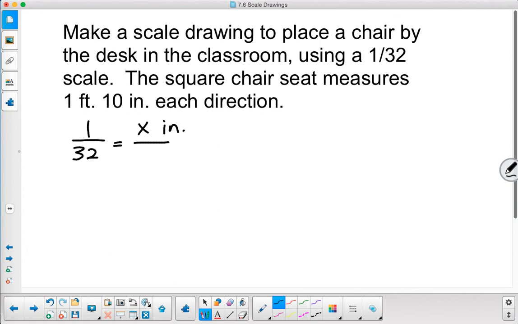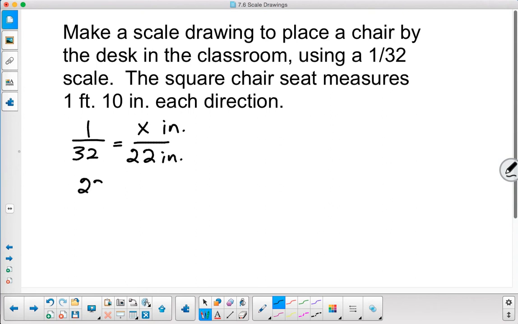How many inches is 1 foot 10 inches? 1 foot is how many inches? 12 plus 10 more. So we should have 22 total inches.